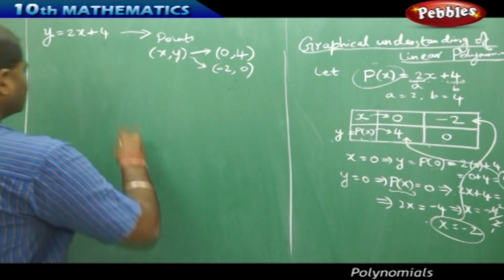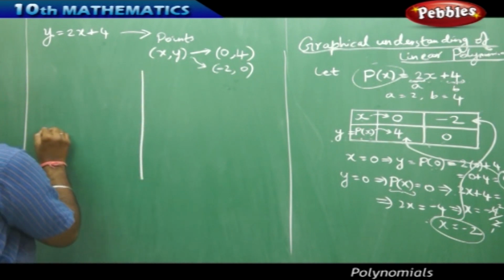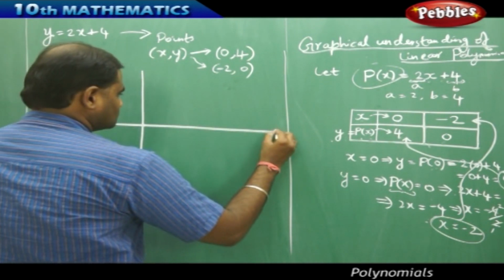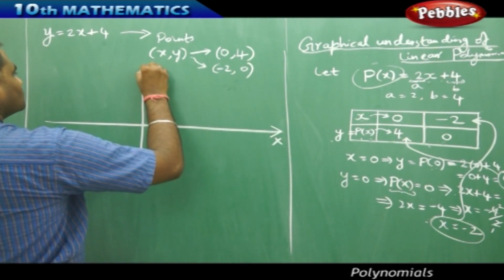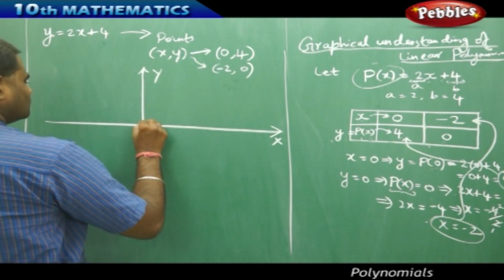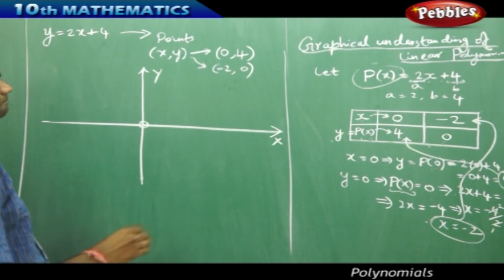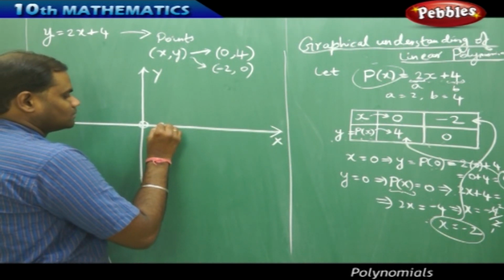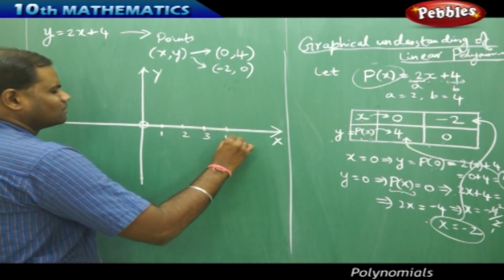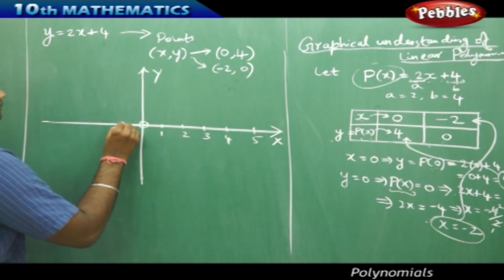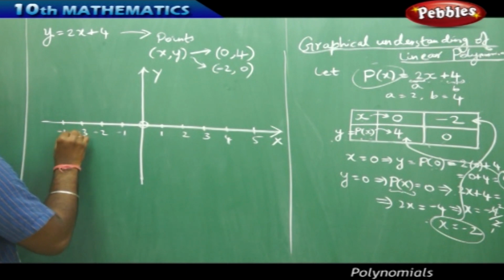So let me take an xy coordinate system, and this is the origin, and finally I take some random points here: 1, 2, 3, 4, and 5, and this is -1, -2, -3, -4.